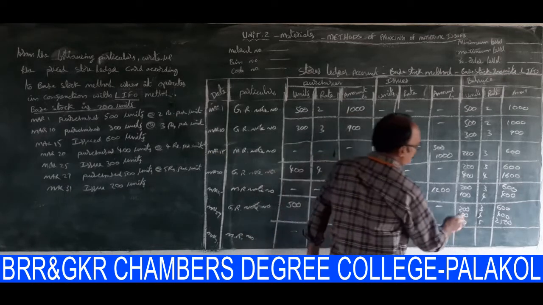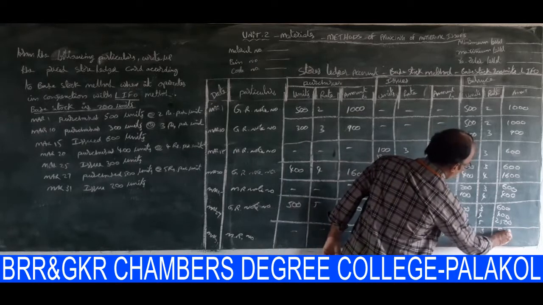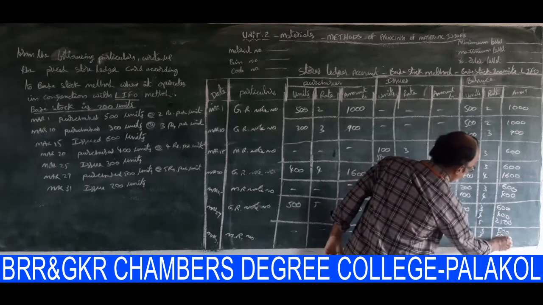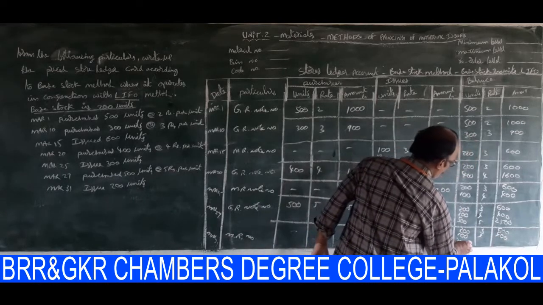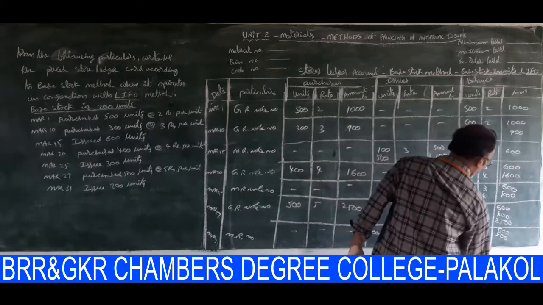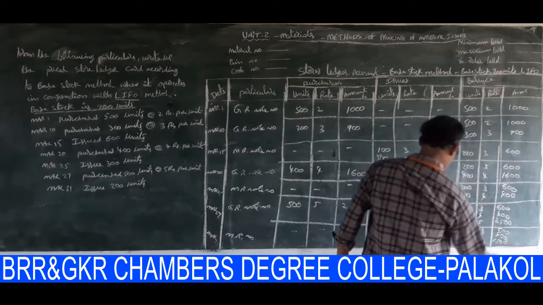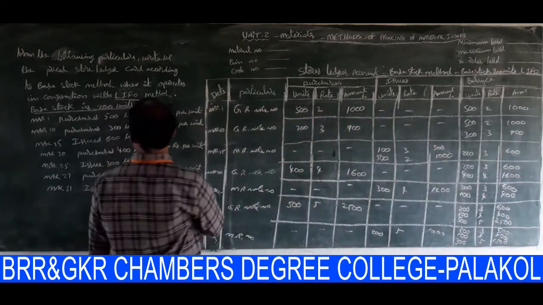Right. 200 units at 3, 600, 100 units, 400. Next, 200 units released, so 300 at 5, 1500. Okay, once again I am explaining briefly.